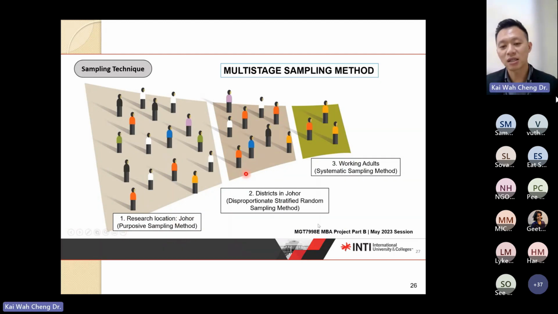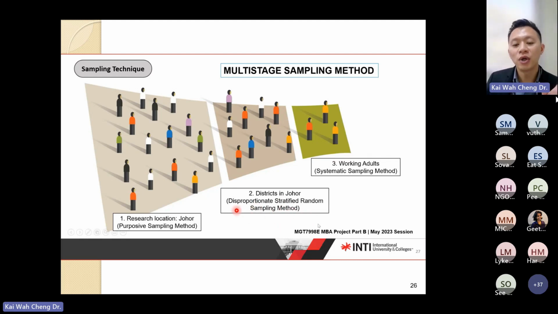Next, my student will further classify the Johor state into different districts. Then my student will calculate the quota for her to distribute the questionnaire according to the proportionate stratified random sampling method.